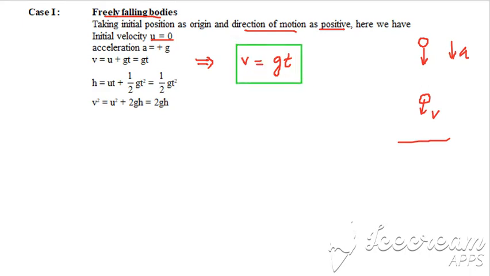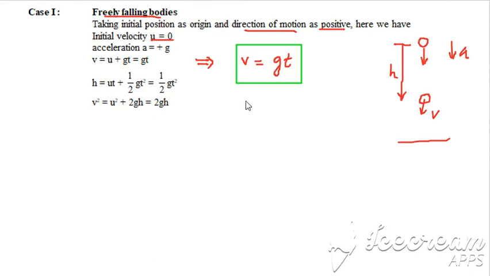Now another equation that we will be using is the second equation, h is equal to ut plus half at square. That means the distance up to which it has come down, or rather we should call it the vertical displacement h. So this can be written as, u is 0, half gt square.